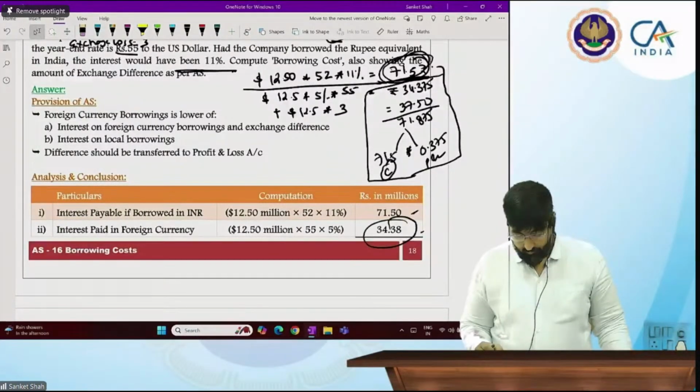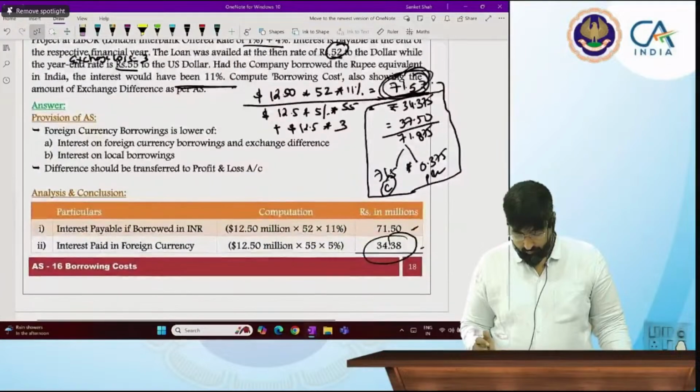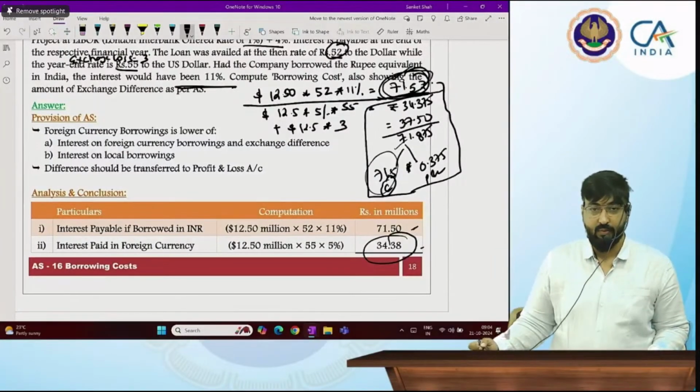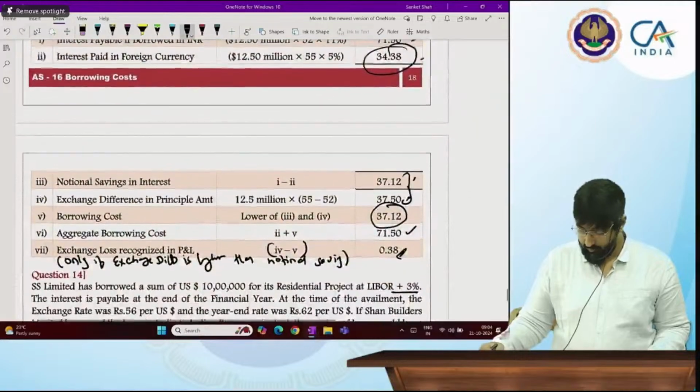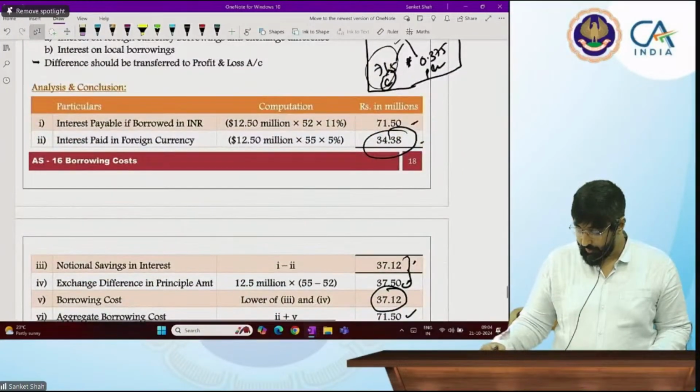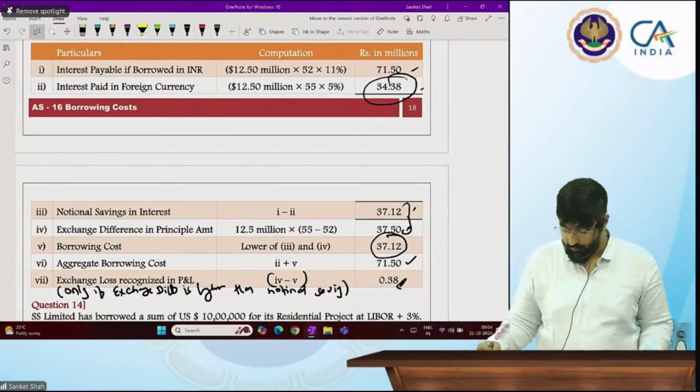We have to calculate how much we have to capitalize. 71.875, we are going to capitalize 71.5. It is 32 plus 38, na, sir? No. It is 34.375 plus 37.12.